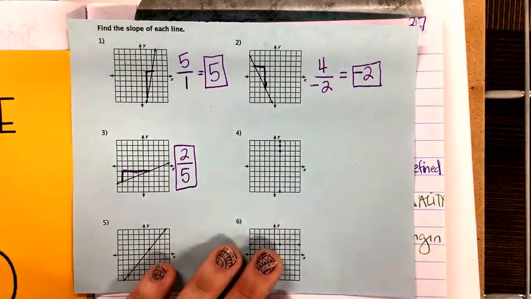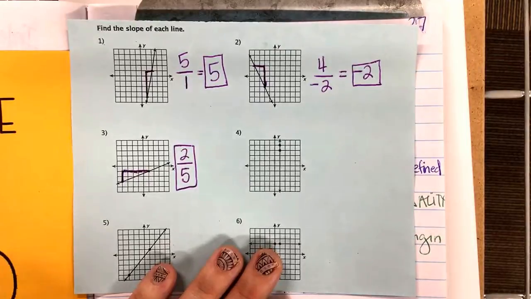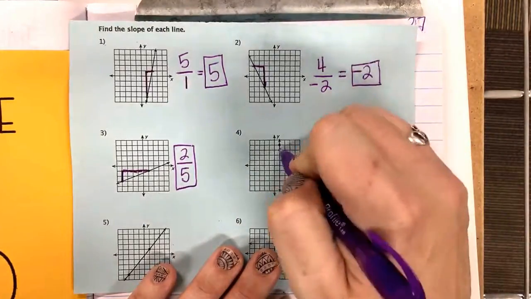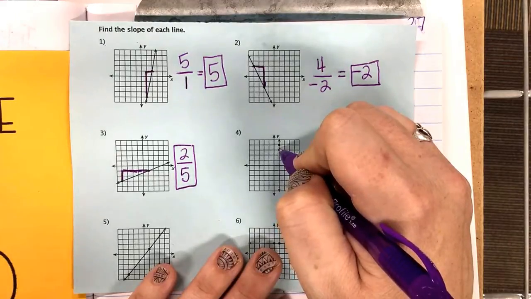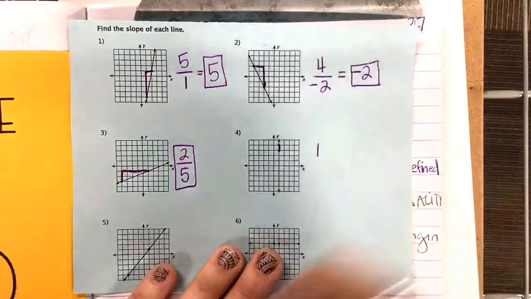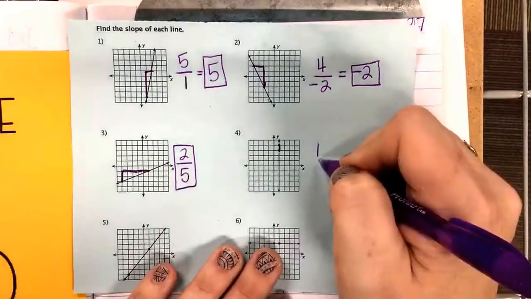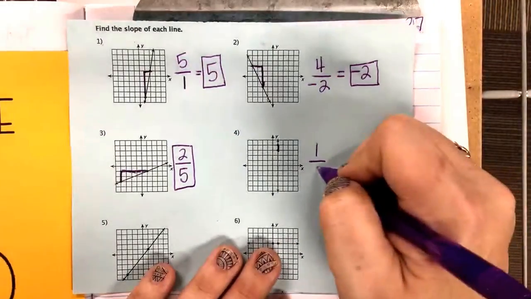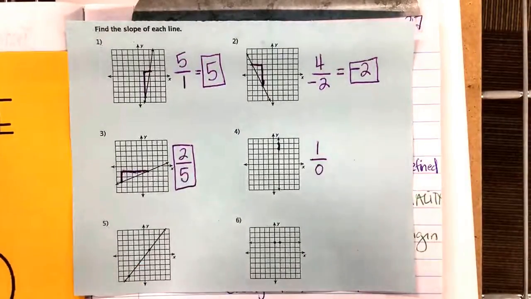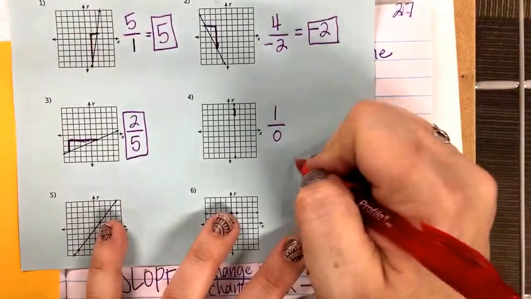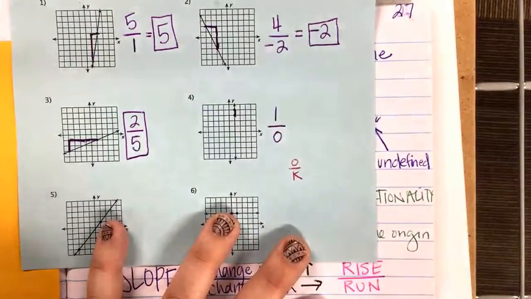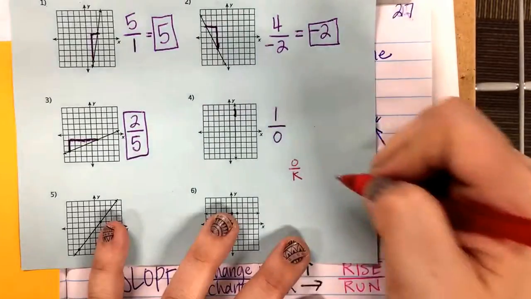Number 4, let's count the slope. Start at the bottom dot. How many do you go up? 1. How many do you have to go over? 0. It's okay for 0 to be on top of a fraction.